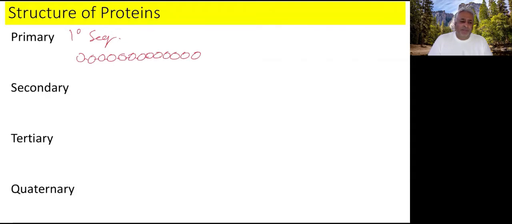Okay. Now, as I told you earlier, as the ribosome produces this string, it has the opportunity, in most cases, to naturally take up a structure. As it's being produced, it starts to fold into a structure. And that is called the secondary structure. And the most common secondary structure, and these are local foldings, right?